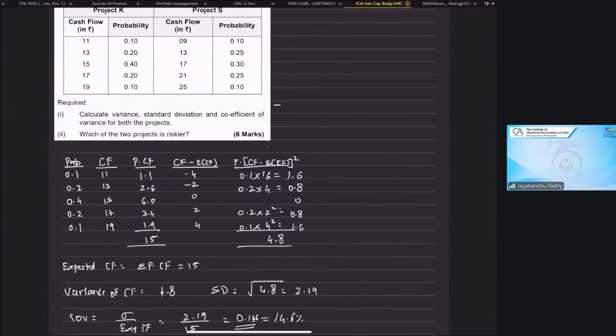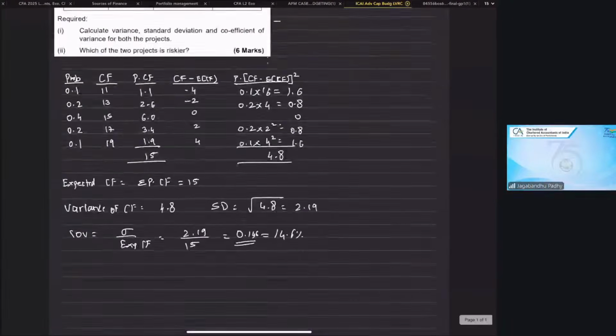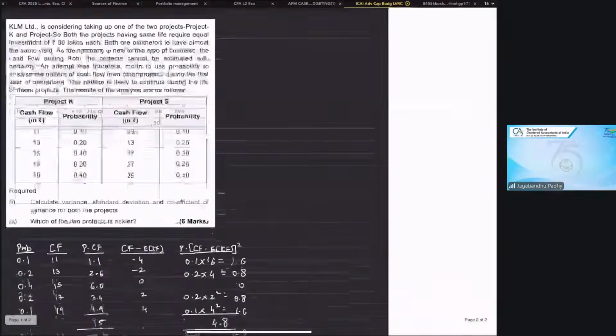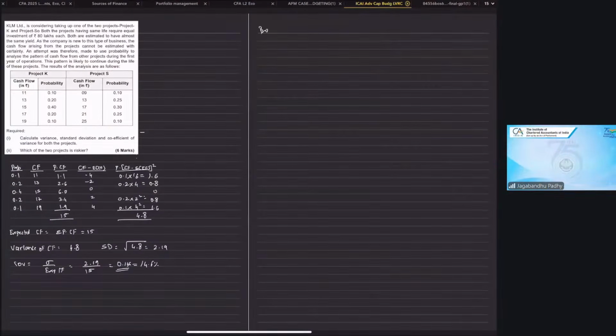Sir, the coefficient of variation is 26.83% for project S. Okay. Just wait, let me recalculate and check it.